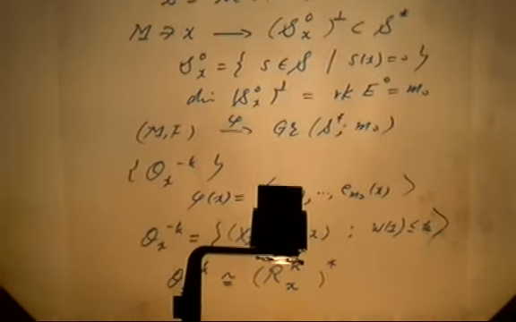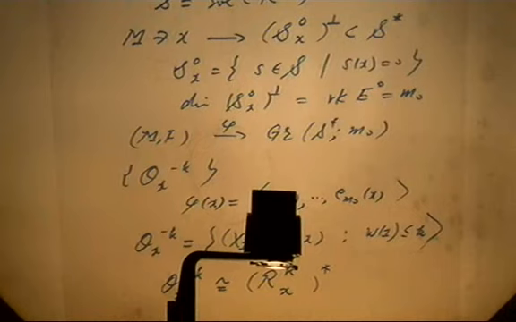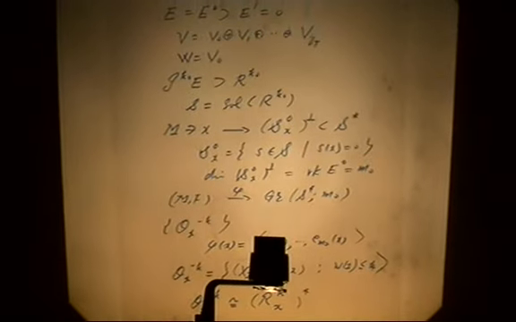Thus, we have a map from M to the Grassmann manifold. So this gives a correspondence between the equation and the submanifold of the Grassmann manifold.